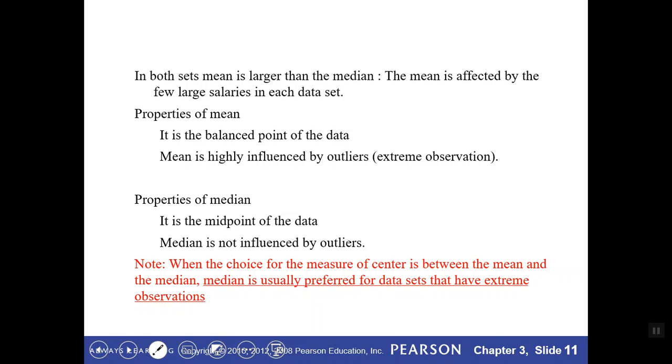When the choice of the measure of center is between the mean and median, median is usually preferred for data sets that have extreme observations. If we know that we have extreme observations, then the best measure of center is median, not the mean.